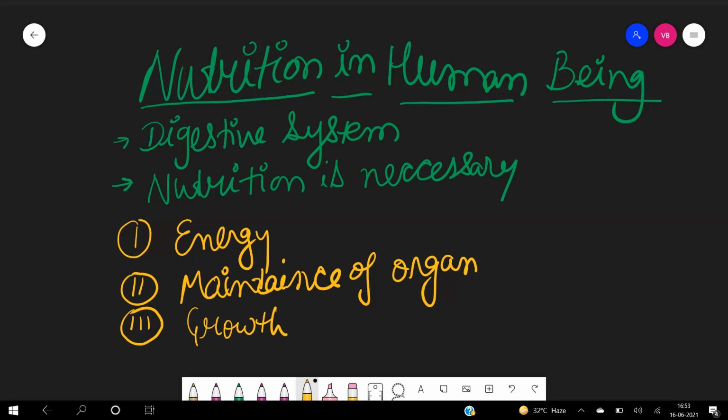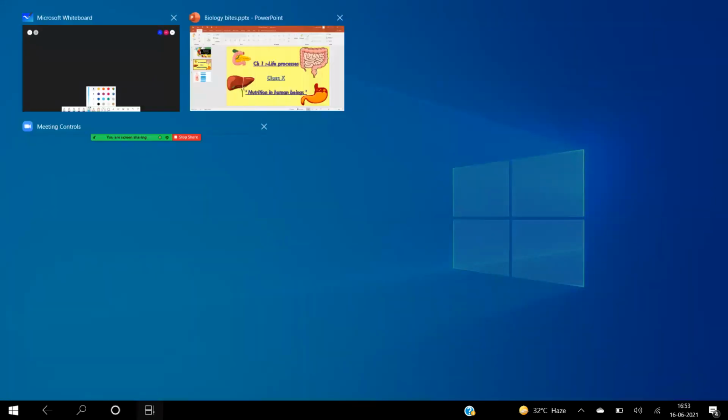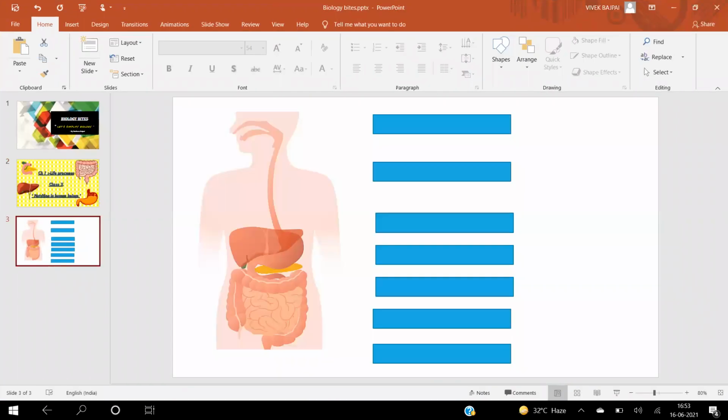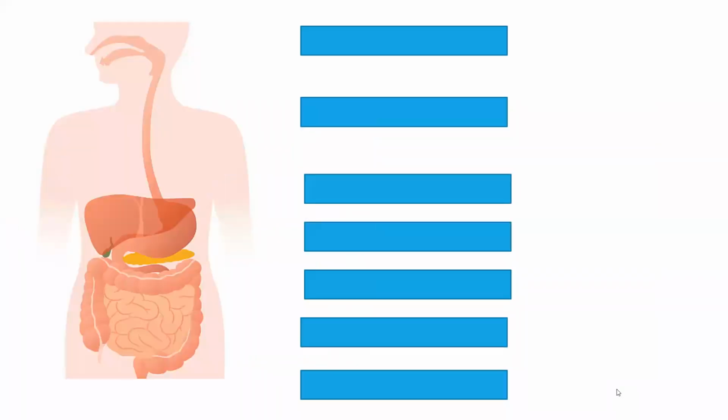Okay, now let us discuss the various organs which are present in the digestive system. And after that, we will study the function of each and every organ in detail.